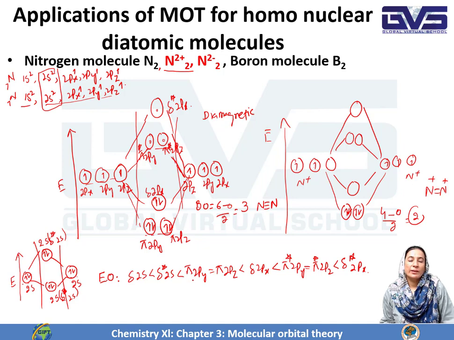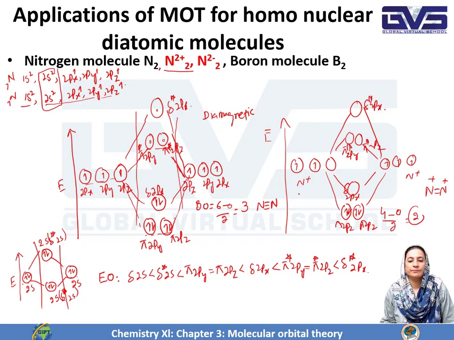And the energy order will be the same, exactly like this one: sigma 2s, sigma star 2s, then pi 2py, pi 2pz, sigma 2px, then pi star 2py, pi star 2pz, and sigma star 2px. And again this is diamagnetic, because it has molecular orbitals that are completely filled.